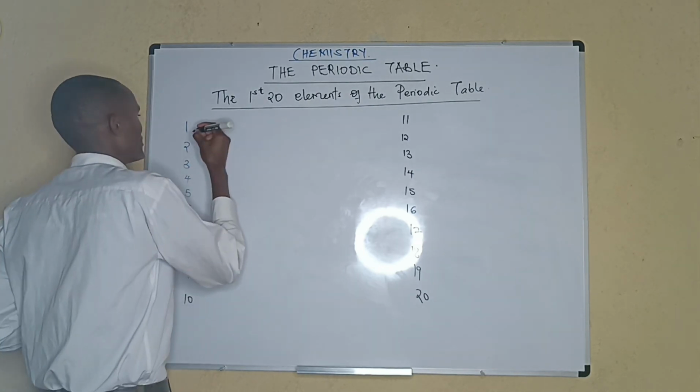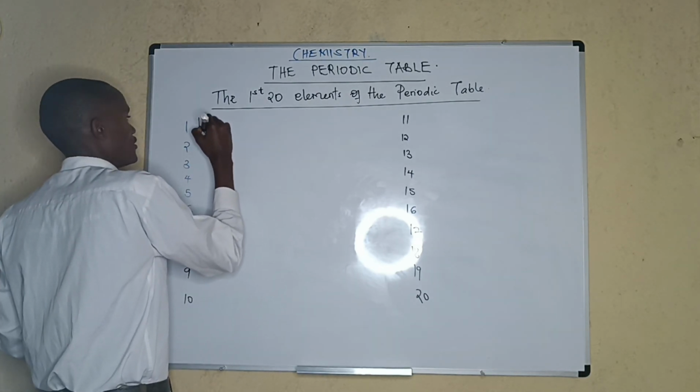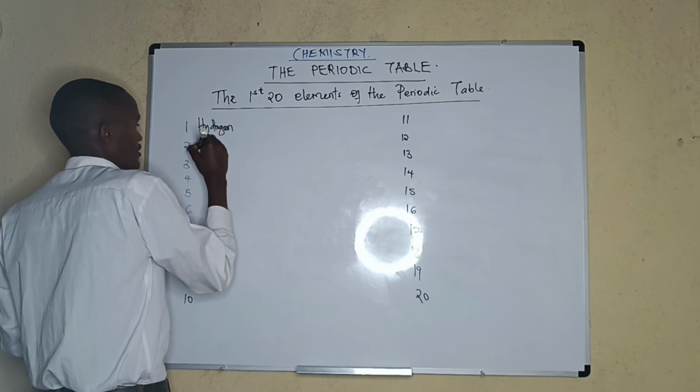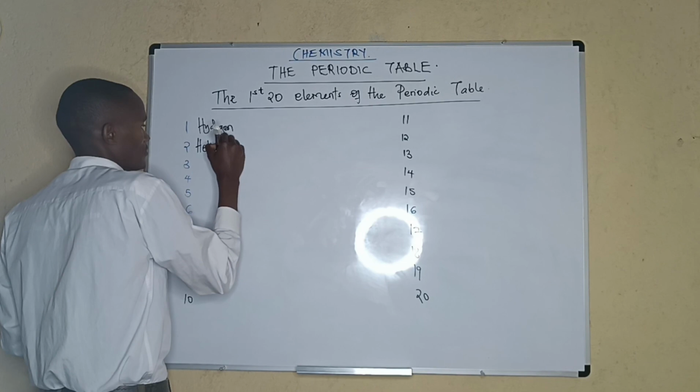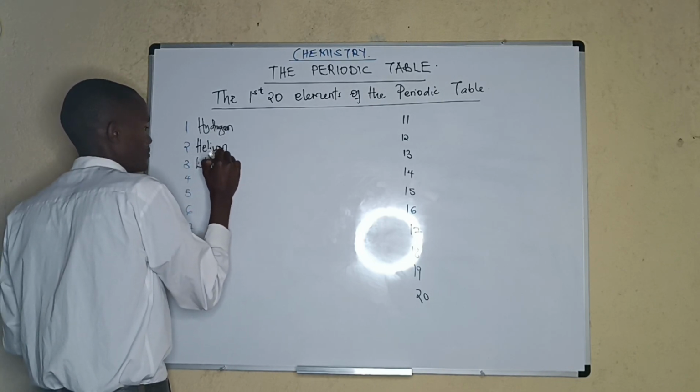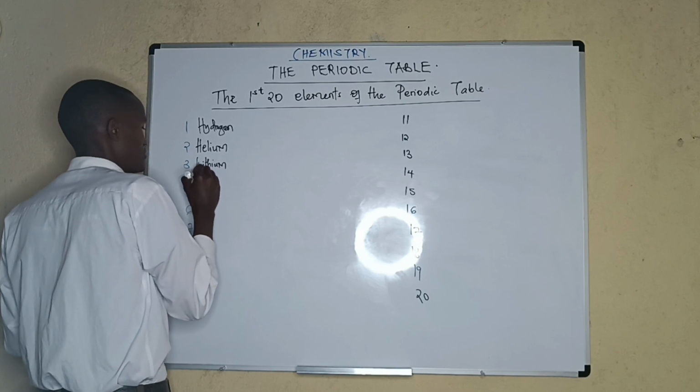I'll be starting with hydrogen. Second one is helium. Third one is lithium. Number 4 is beryllium.